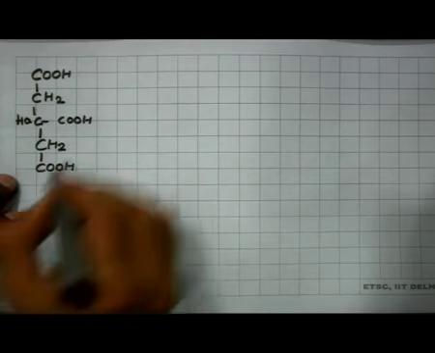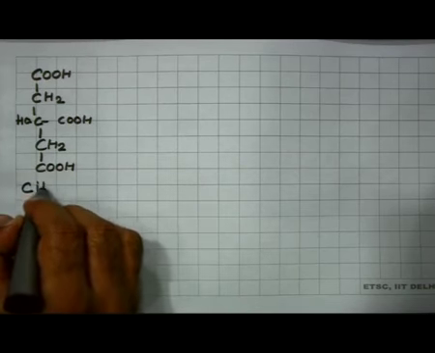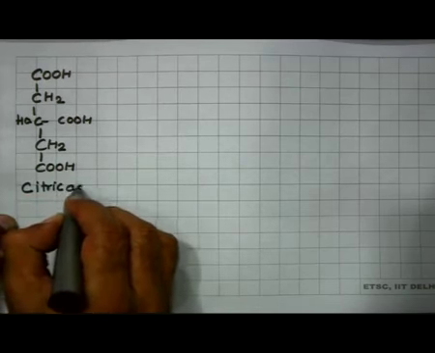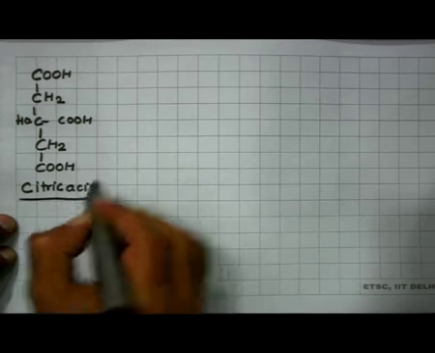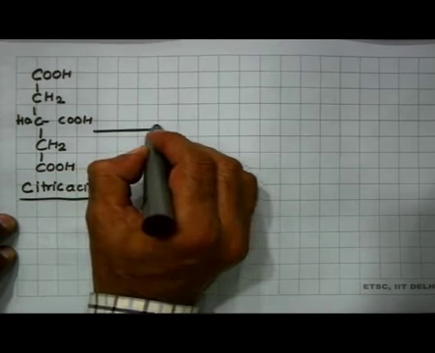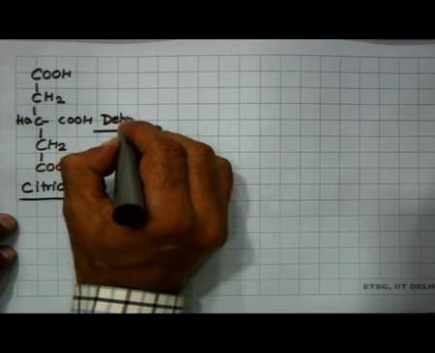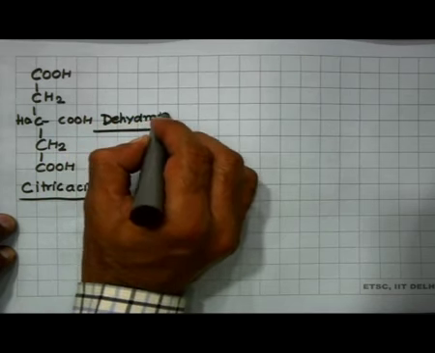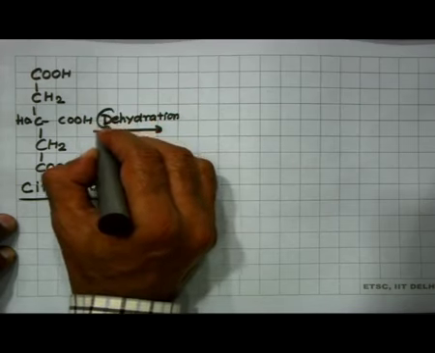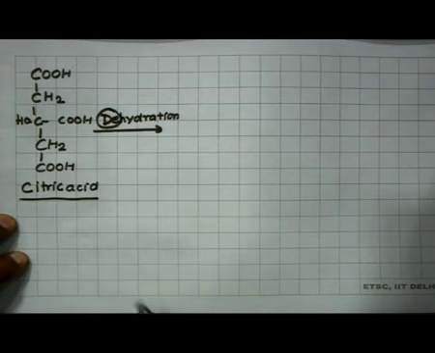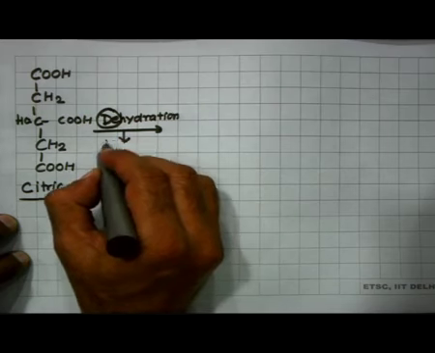Now, from the citric acid, a water molecule is removed. So, this process is called dehydration. D means removal of water molecule. So, a water molecule is going to be removed.